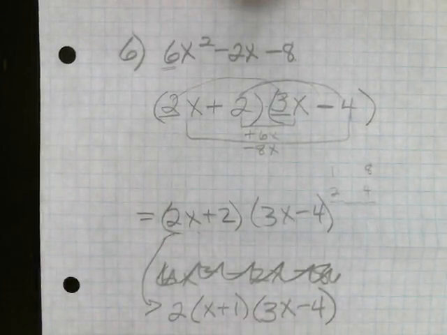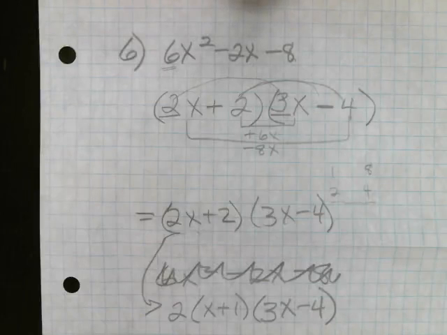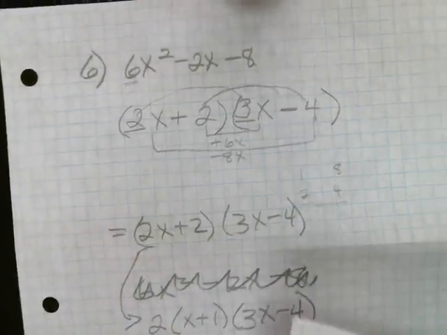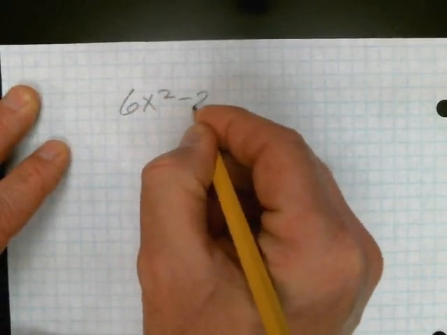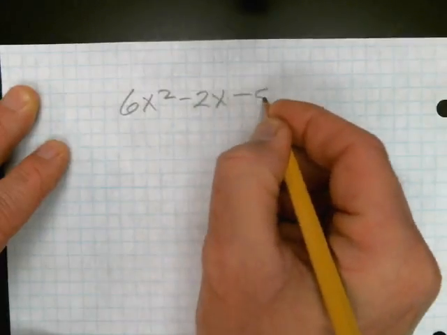Okay? I'm going to now do the same problem, but I'm going to be using the grouping method. So the problem was 6x squared minus 2x minus 8.